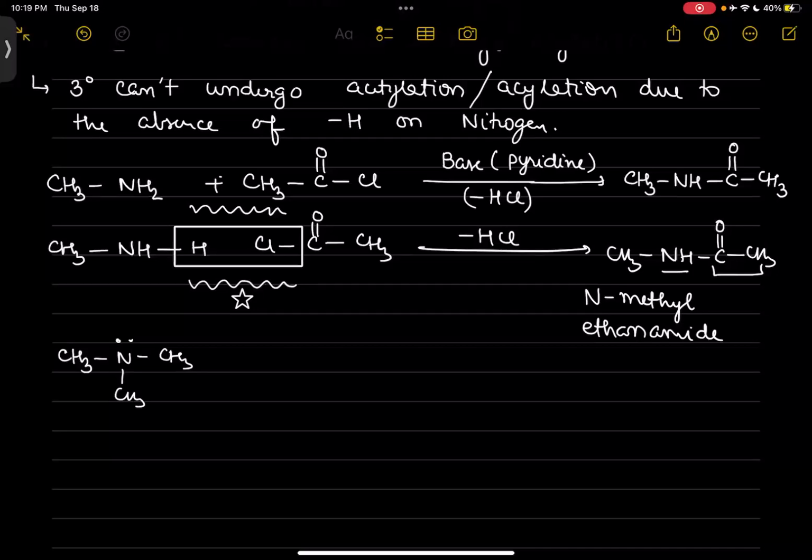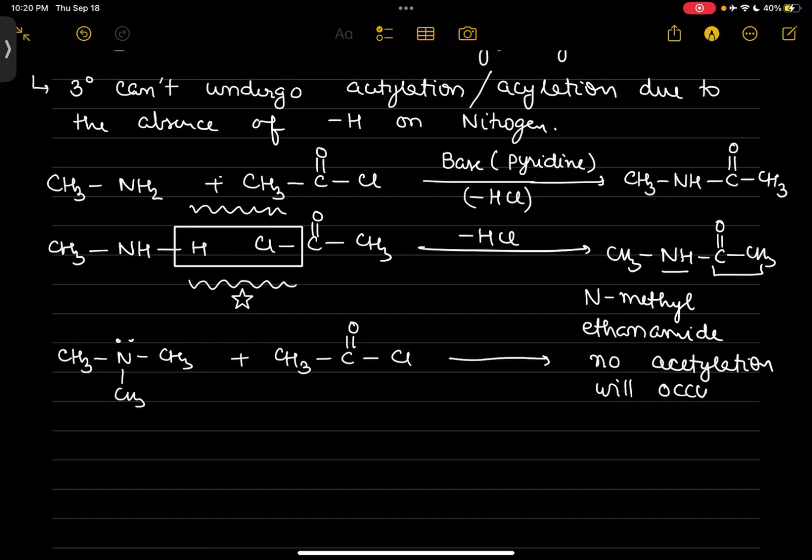We are removing HCl. On a tertiary amine there are 3 alkyl groups. Is there any H available which can be removed? No, sir. No H is available. So if I react it with CH3COCl, will it undergo acetylation? No acetylation reaction. Got it?